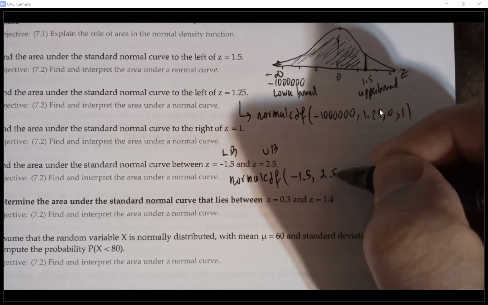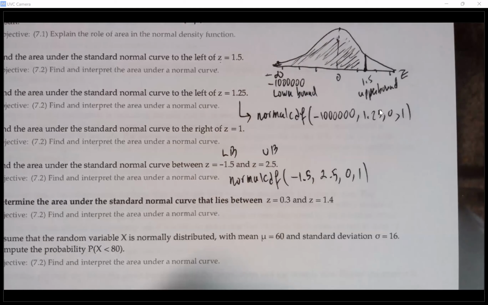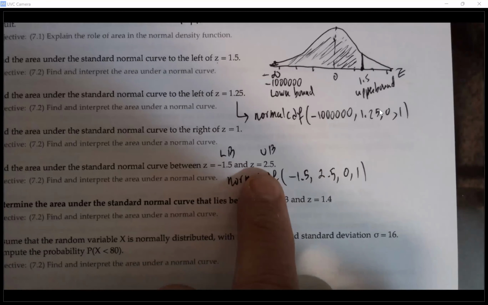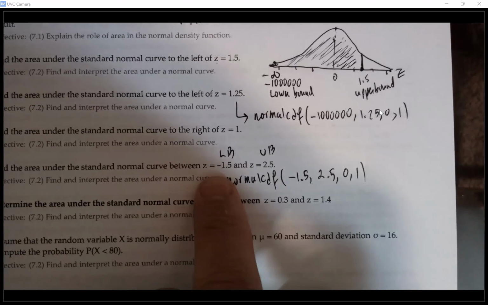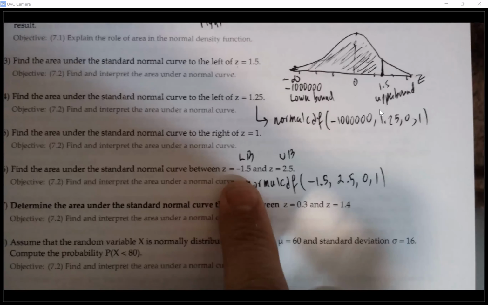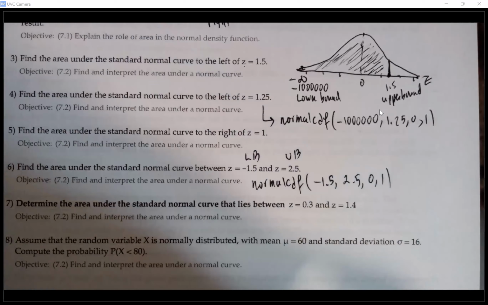Put the upper bound, 2.5, 0, 1. Now, if you are to use the table here, guys, you will have to go to the table and find the area to the left of 2.5, and then find the area to the left of negative 1.5 and subtract the two areas. But if you use your calculator, you can do this in one shot. You don't have to worry about that.